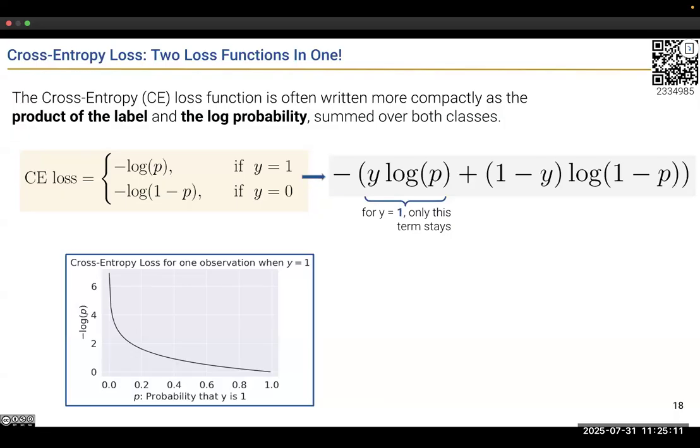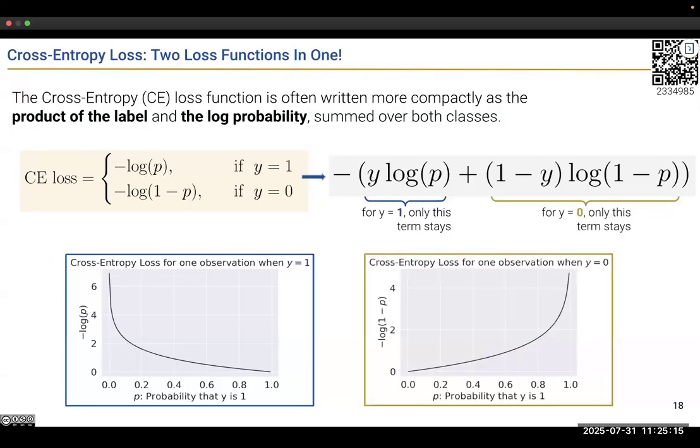So the loss becomes negative y log of p, or negative log of p, because y is 1. And if y is 0, the whole first term goes away. The second term becomes negative 1 minus 0, so negative 1 times log of 1 minus p, which is exactly the same as on the left.